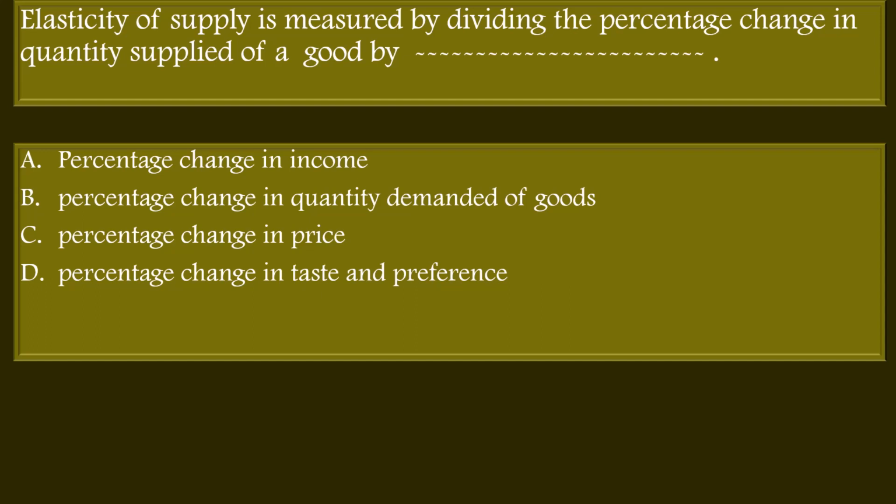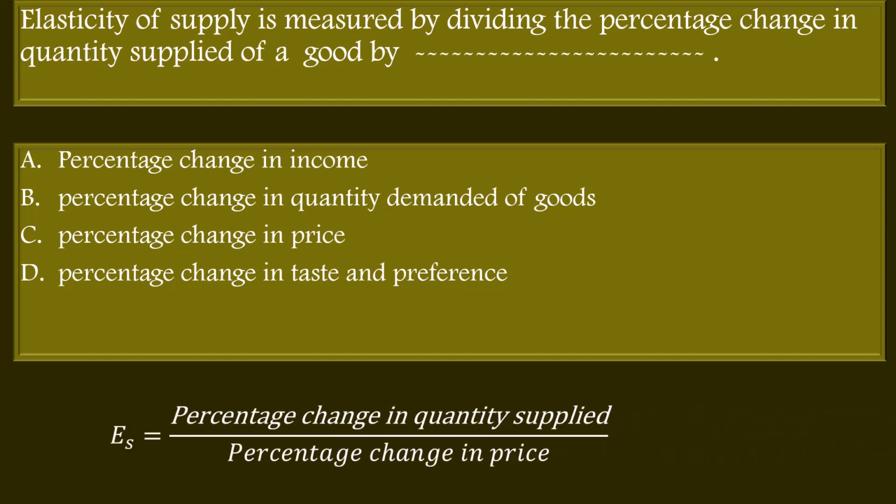D. Percentage change in taste and preference. This question is on formula of elasticity of supply. Elasticity of supply is measured by dividing the percentage change in quantity supplied of a good by percentage change in price. Option C is the right answer.